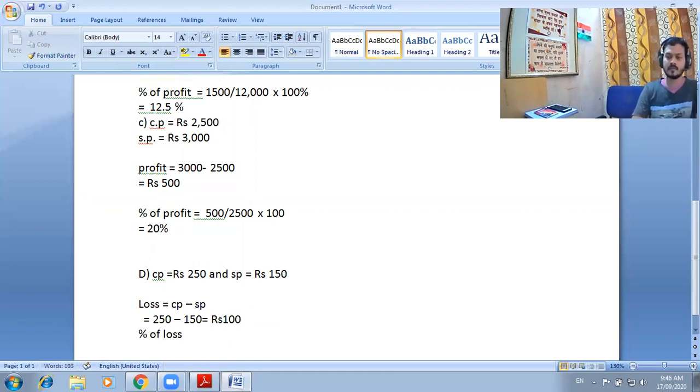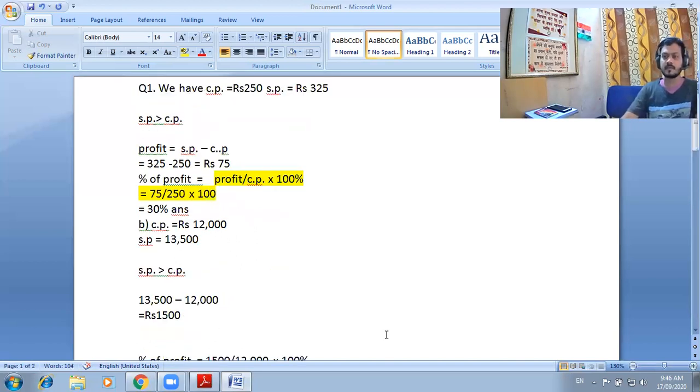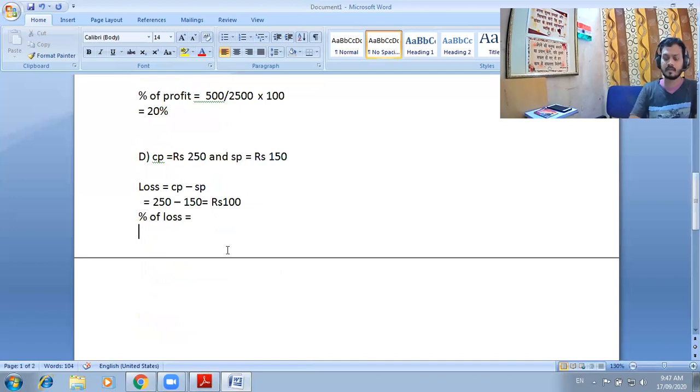Percentage of loss equal to, reply me, what is the formula for percentage of loss? Percentage of loss equal to loss divided by CP into 100 percent. So put the value of loss equal to 100 rupees divided by CP. Reply me, what is the value of CP? Well, your responses are good, and I think everyone is concentrating.